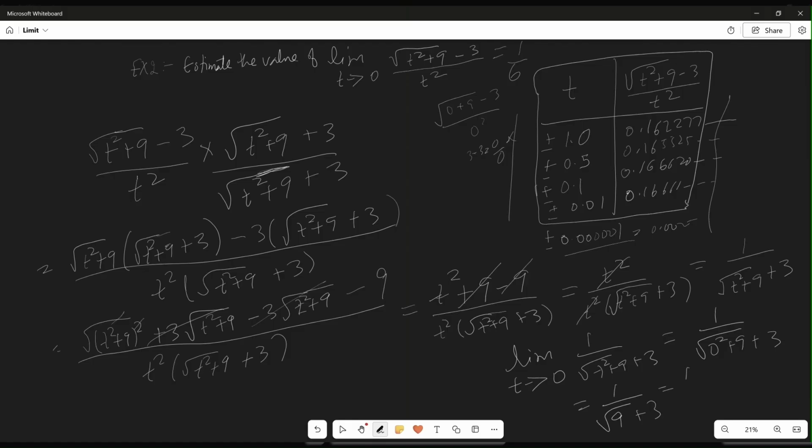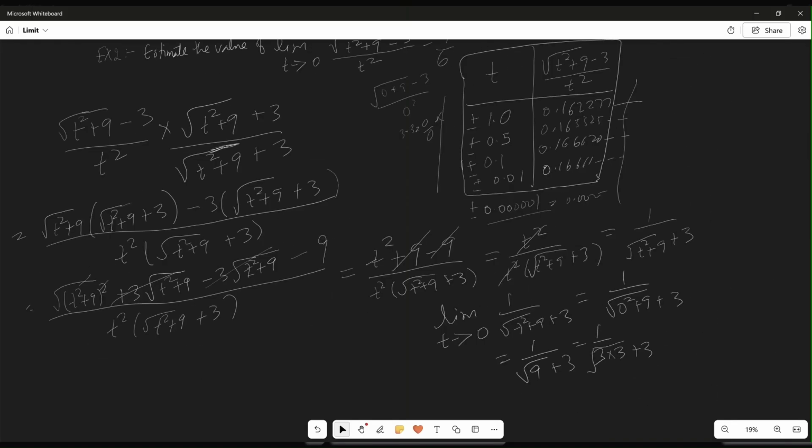And as we know, the square root of 9 is 3. And if you really want to know why, 3 times 3, you can do this as 3 to the square, right? The root cancels out, so what we end up with is 1 over 3 plus 3, which is 1 over 6. So the limit of this function as t approaches 0 is 1 over 6. I hope this helps. Thank you.